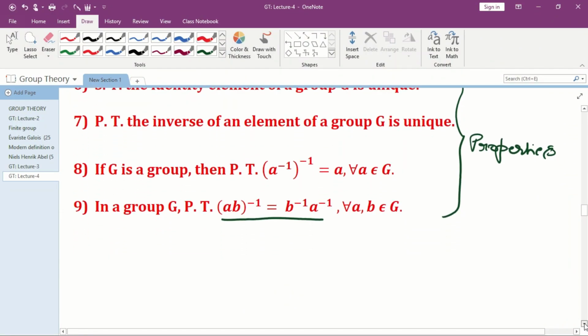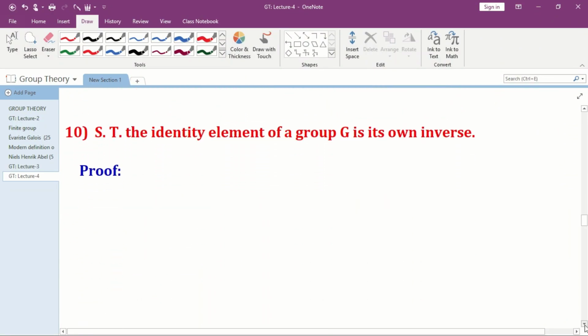Okay, we shall move to the next question. Show that the identity element of a group G is its own inverse. Before proving this, we shall consider an example. Once again, I consider Z plus. What is the identity element here? 0 is the identity element.